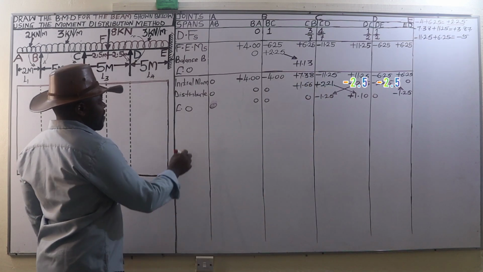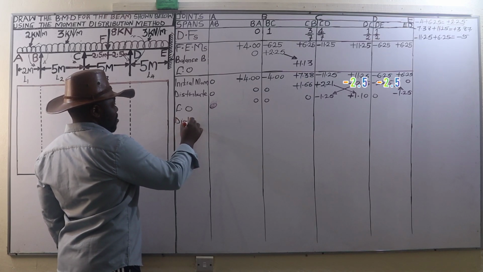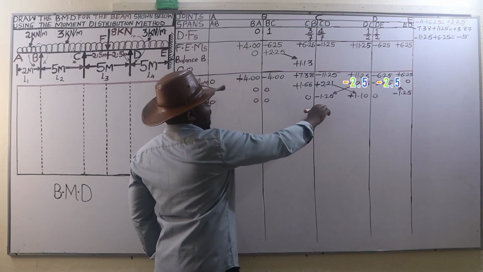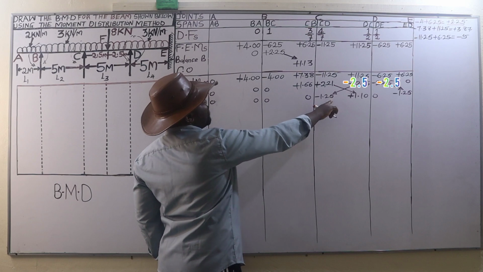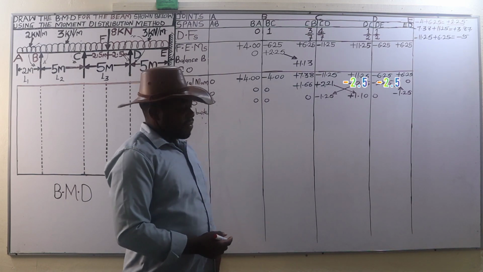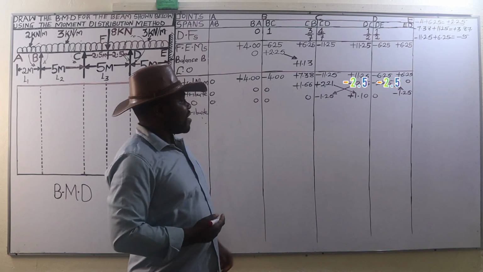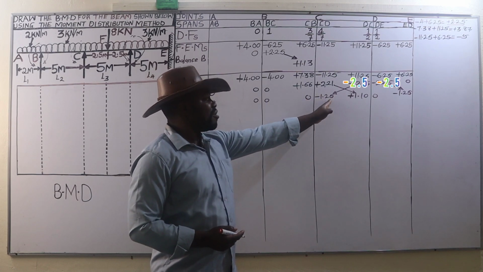Then after carrying over, the next thing will be distribution. So we distribute again. Coming here, we have an excess moment of positive 1.25. So remember, we said that whenever you are calculating the difference in moments, you change sign. So this is going to be 0 plus 1.25.